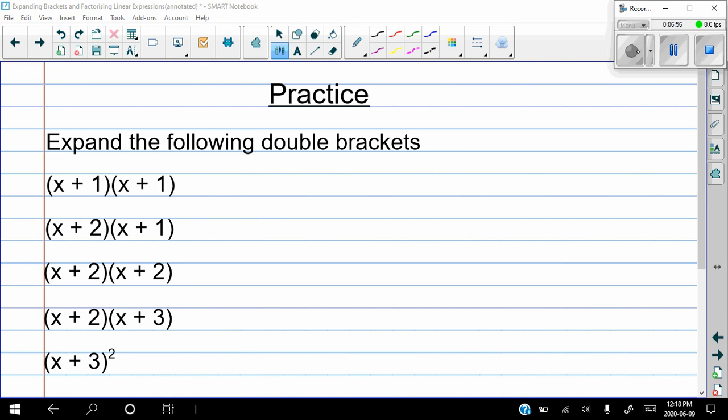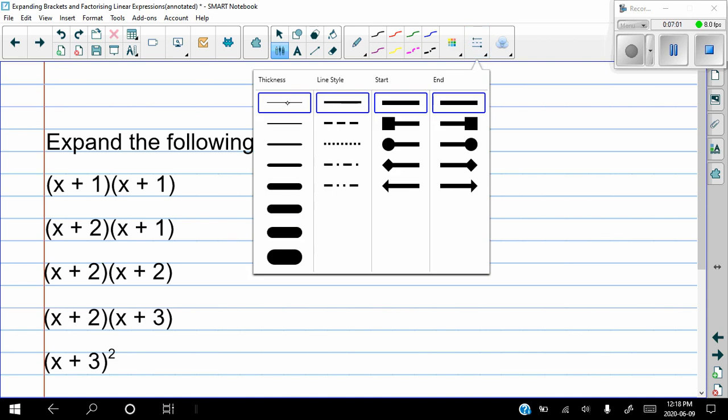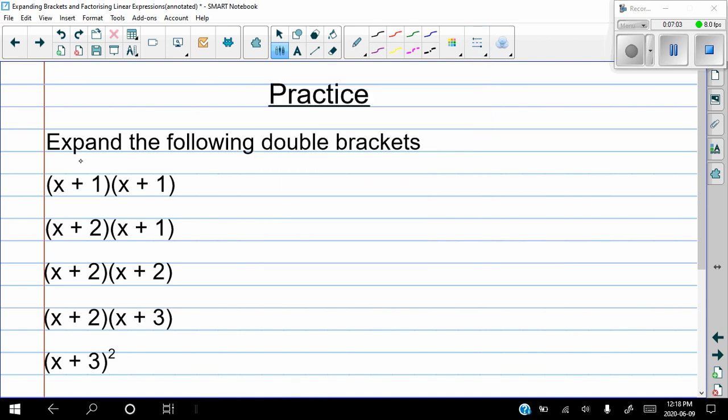All right, so let's go through the first one here. So we have x plus 1 times by x plus 1. So here we're going to take first term, right? First term by first term, multiply those together.